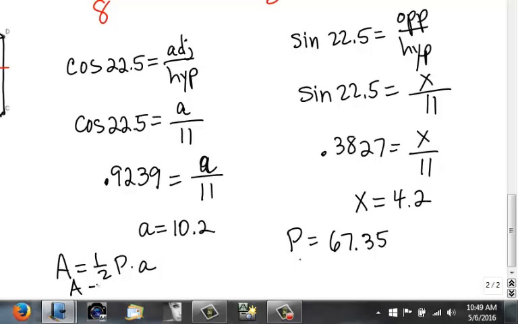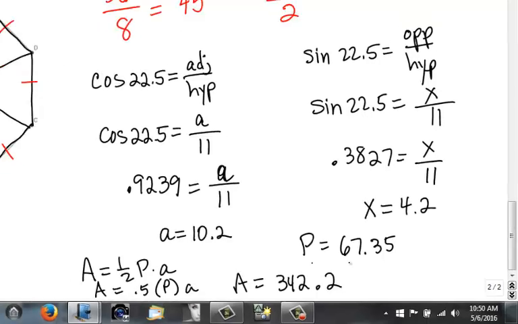So we need 0.5 times P times A. So 0.5 times, bring back the alpha P, times alpha A. And I get 342.2, nearest tenth.